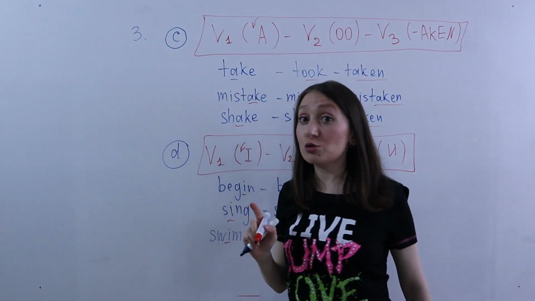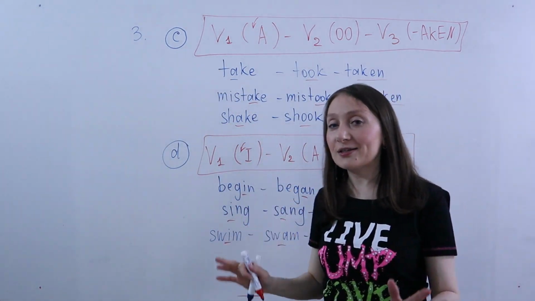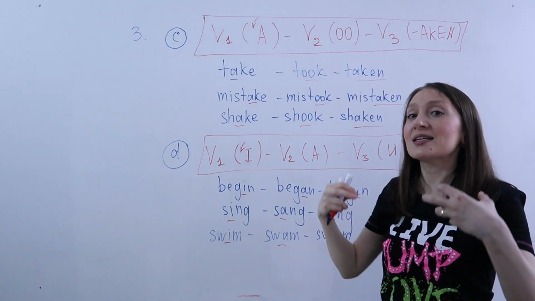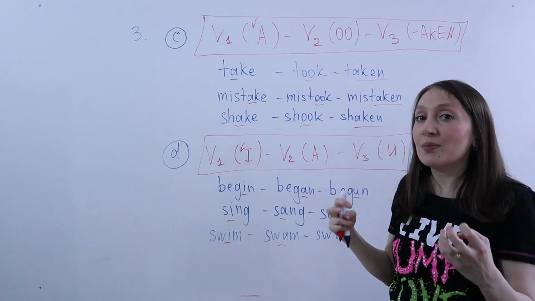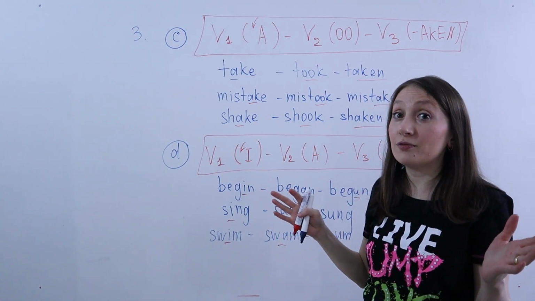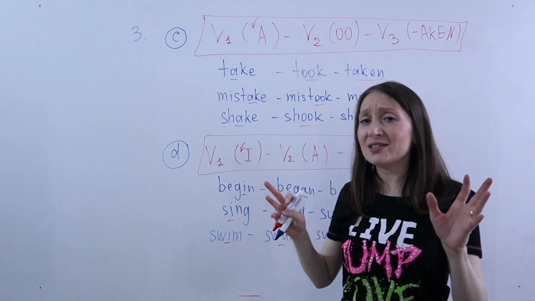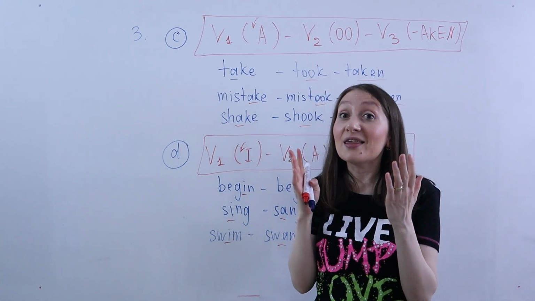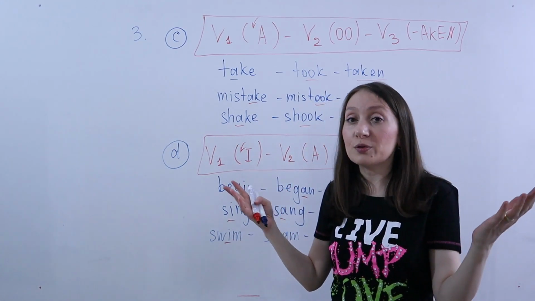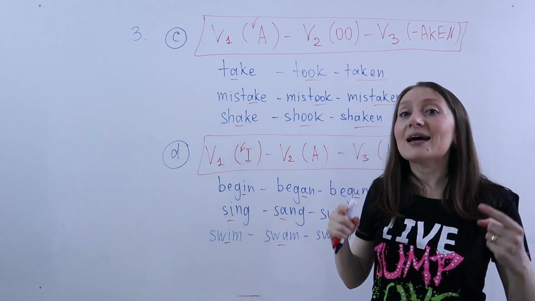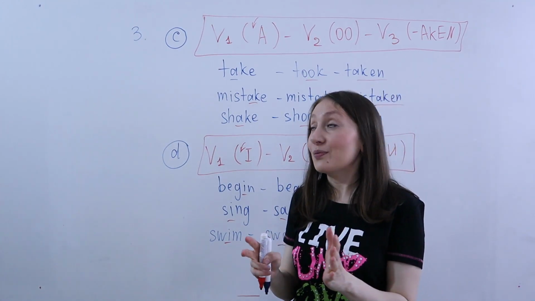So, to know the structure is important because, as I told you, it makes it easier to remember all the forms of irregular verbs. But sometimes, even if you know the structure, you may forget the correct form of irregular verbs. And then I have advice for you.